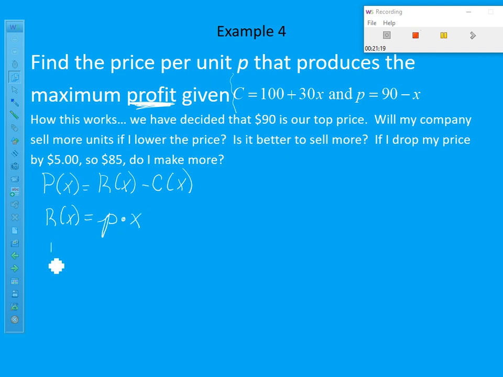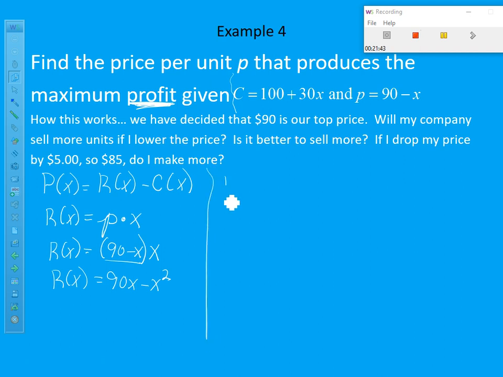So my revenue equation is going to be that 90 minus X times X, the price that I'm charging times the number that I'm selling. So guys, now I have a revenue equation. It's 90X minus X squared. Now that I have that, we're on a roll.